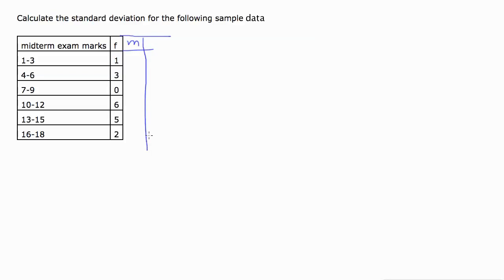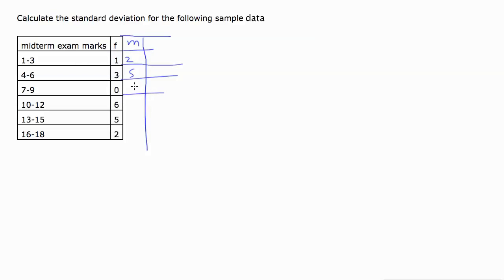Okay, and the midpoint for the first class will be the average of 1 and 3, which is 2, and then the second class will be 5, and then keep adding 3 because the class width here is 3. Can you see the class widths from 1 to 4, from 4 to 7, from 7 to 10? I keep adding 3, so the class width is 3.